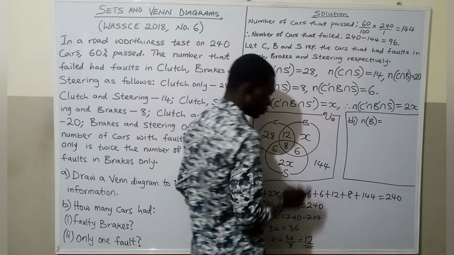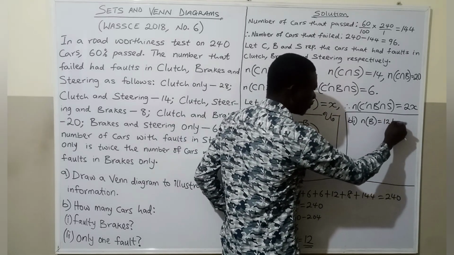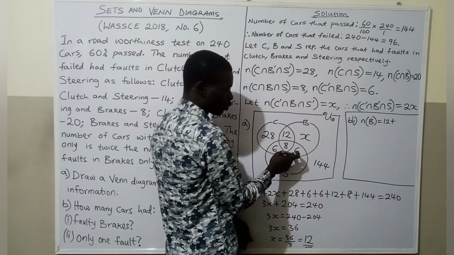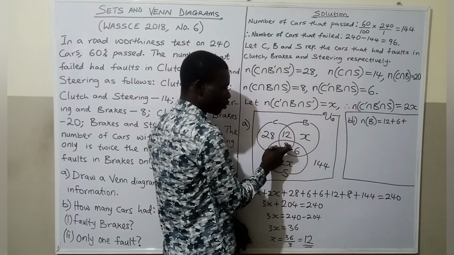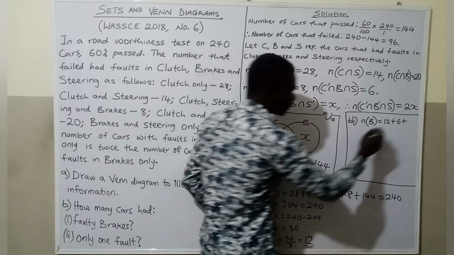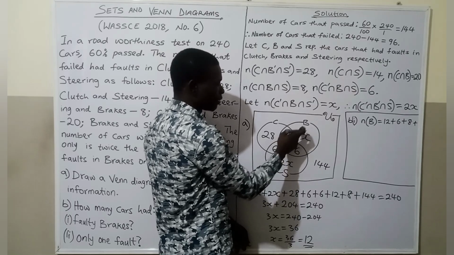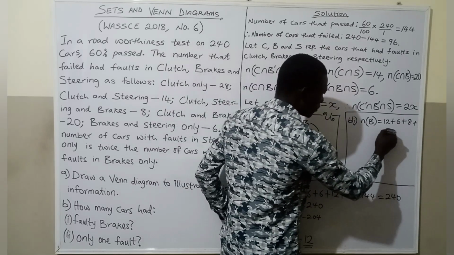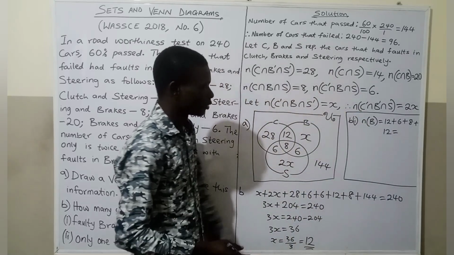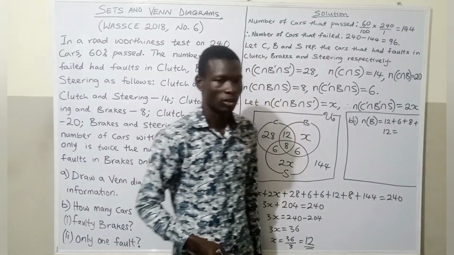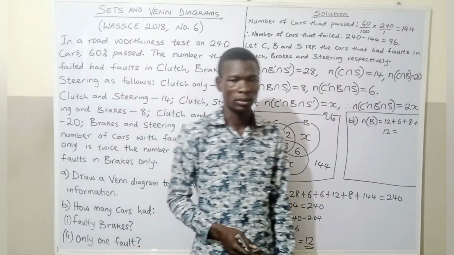That's going to be equal to the first one, which is x. Of course, x has been gotten to be 12, plus the second one, which is 6, plus the third one, which is 8, still inside B, and plus the fourth one, which is 12, still inside B. So all of these are in B. And when we add everything together, what are they going to give to us? 12 plus 6 is going to be 18. 18 plus 8 is going to be 26.